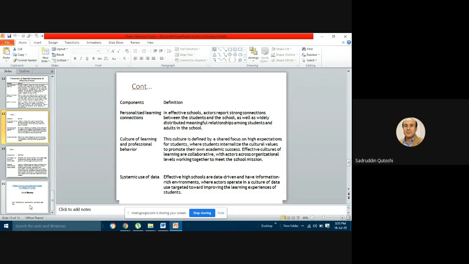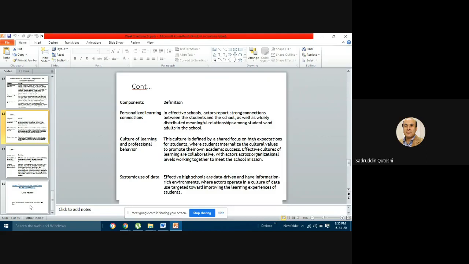When you study your own culture of learning and professional behavior of the teacher, professional behavior of the principal, professional behavior of everyone attached to the school, how they behave, whether they are behaving in the same way as effective school systems have a particular culture to behave in a very professional manner or not.